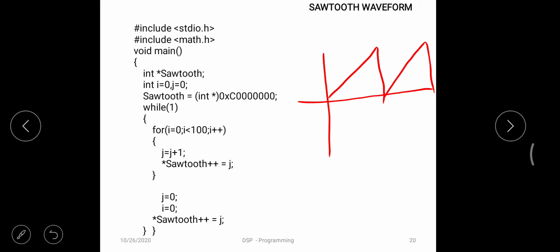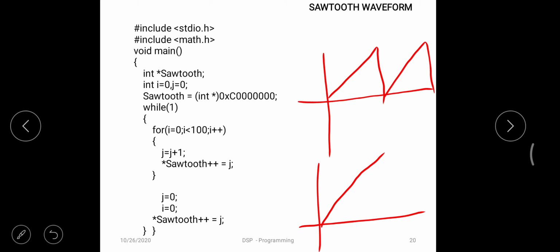When i is equal to 2, your sawtooth is equal to 3. It's a linear curve, so your curve will keep on increasing like this till 100. Once i reaches 100, the for loop will be terminated.